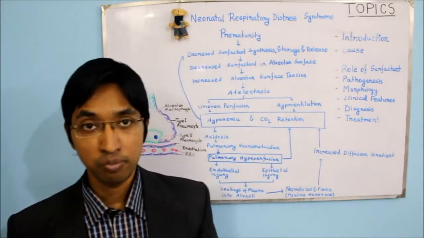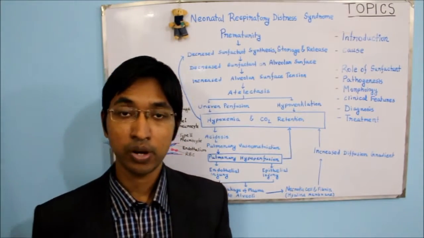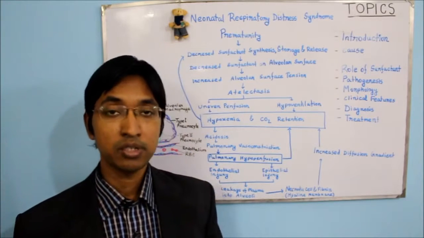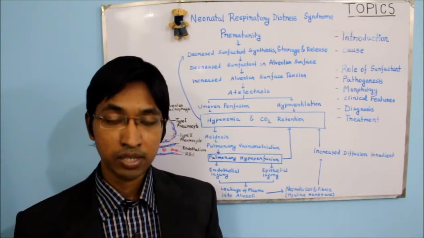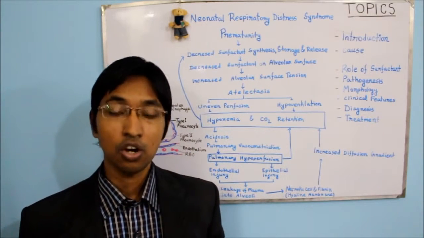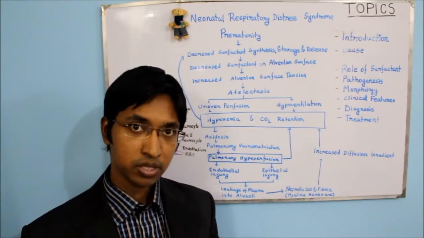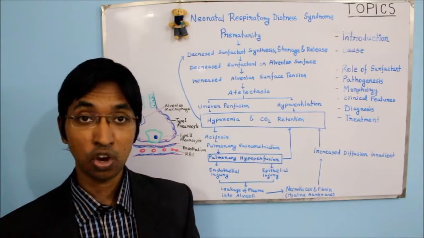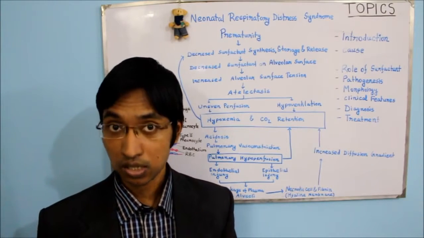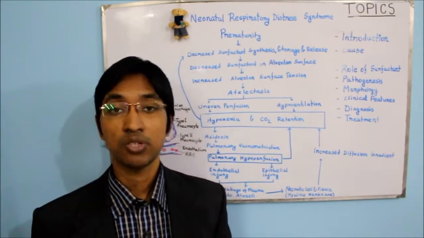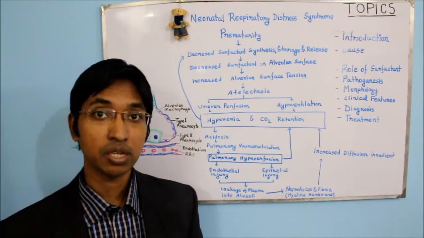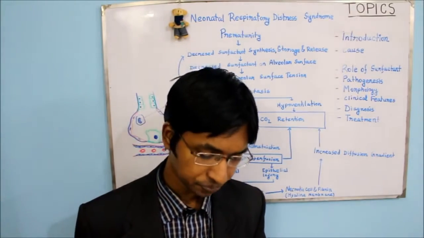A lot of preventive measures are now also available. For example, one preventive measure is by administering tocolytics, or medications that can prevent preterm labor, and antenatal glucocorticoid therapy can also be started to increase the level of surfactant in the fetal lungs before birth.